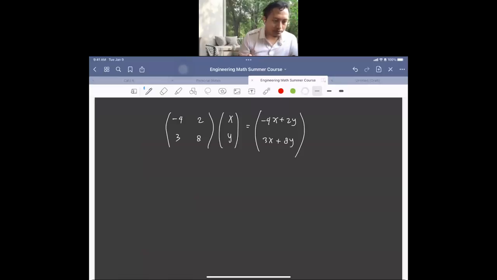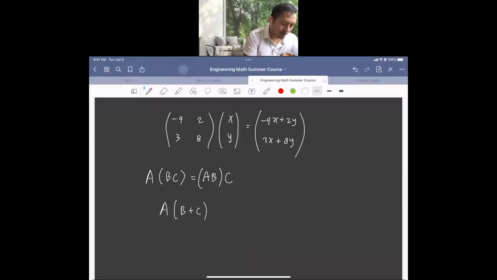So we can have our system of linear equations also. And we may have the associative law, and we have the distributive law. I think it's best if you take any matrix and then try to define it.